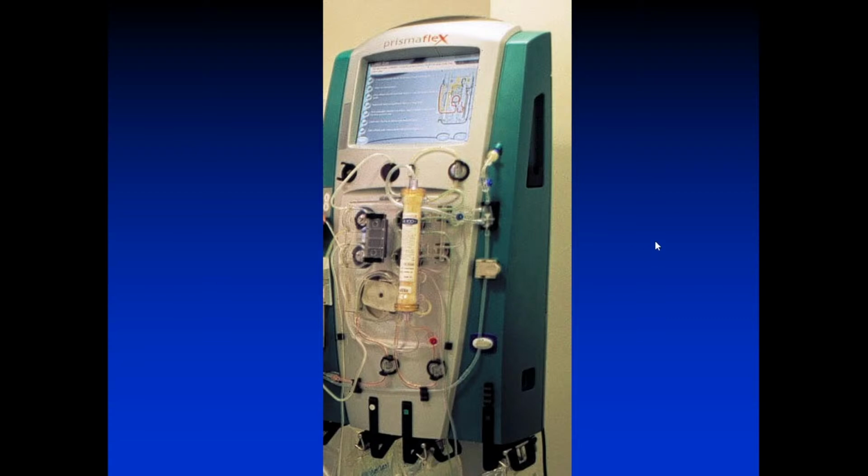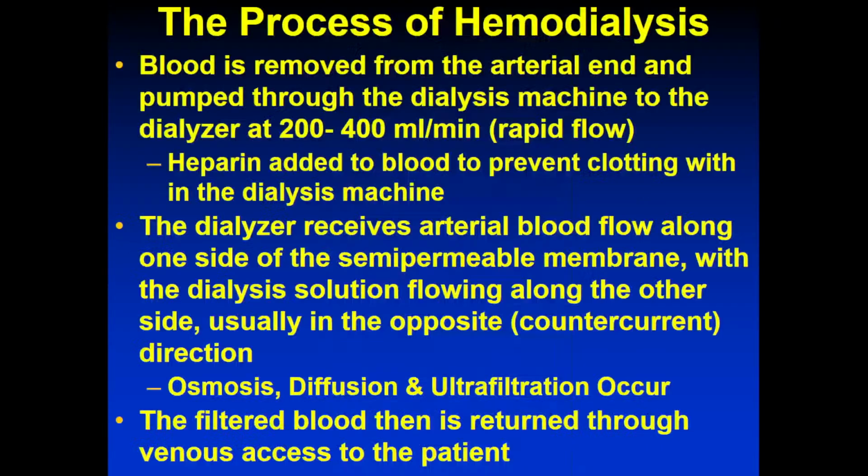It's the most advanced device, and the process of hemodialysis looks like this: blood is removed from the arterial end and pumped through the dialysis machine to the dialyzer at a rate of 200 to 400 milliliters per minute. It's a rather rapid flow.